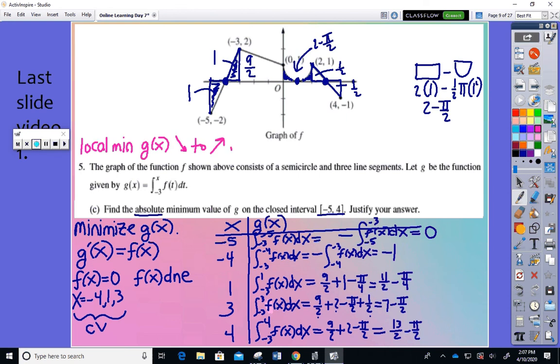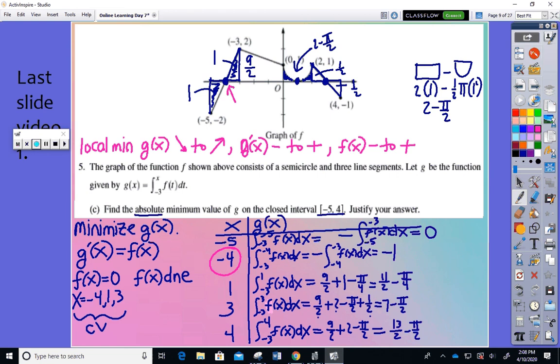Well, for that to happen, g prime of x has to go from negative to positive. Now, g prime of x is f of x. So where does f of x go from negative to positive? Well, f of x goes from negative to positive at negative 4. So negative 4 is a local min, it looks like.